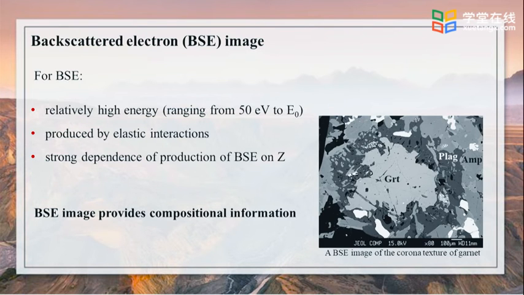For specimens containing various phases of different compositions, brightness in the backscatter electron image is thus a function of the mean atomic number, which may be calculated to a first approximation using the mass concentrations of the elements present.